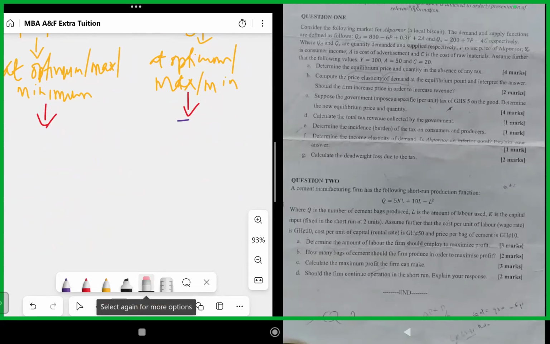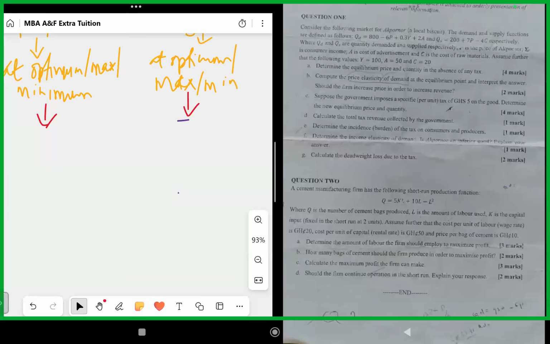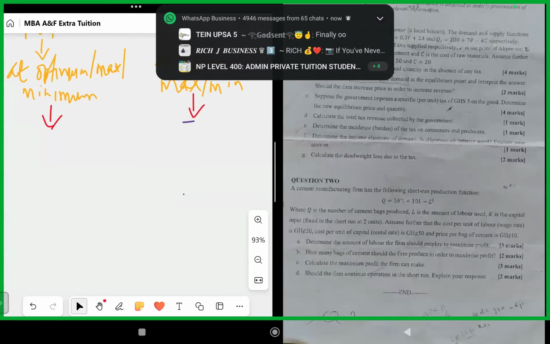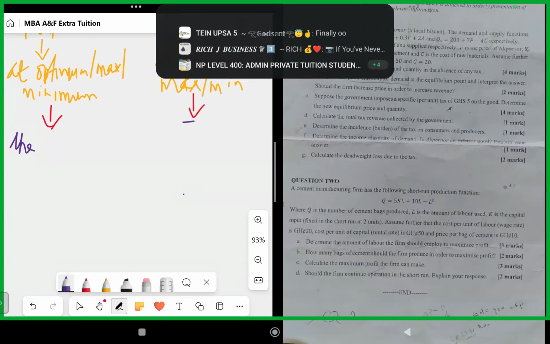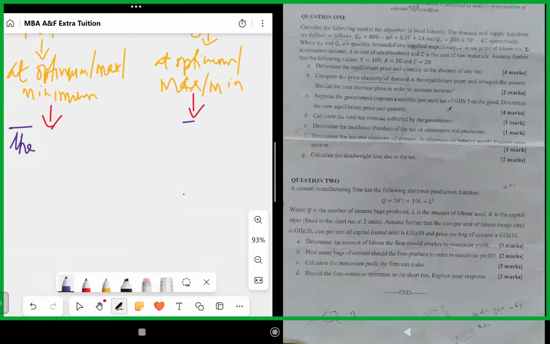So in the short run, I told you we are looking at two inputs. What are the two inputs? Capital and labor. Those are the two inputs.